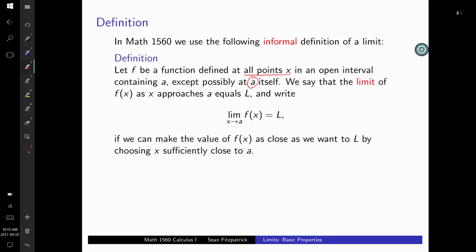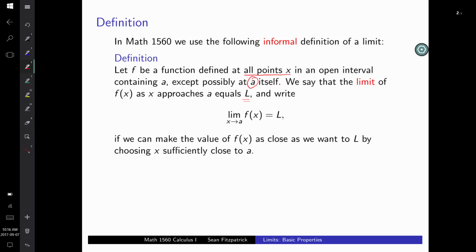So the function needs to be defined at all real numbers near the point that we care about, and then we say that the function has a limit, and that limit is going to be a number. In this case we say L. So L is some real number.